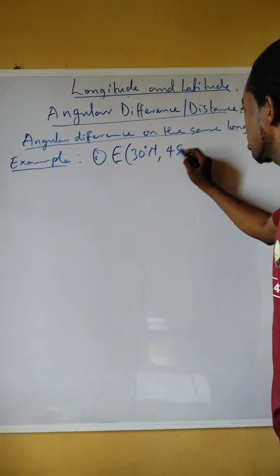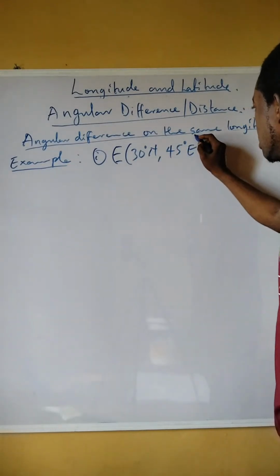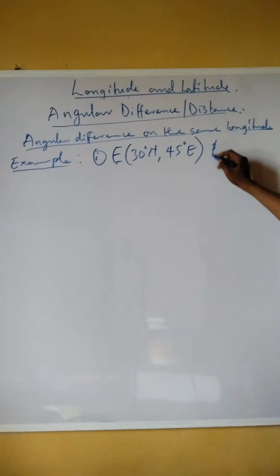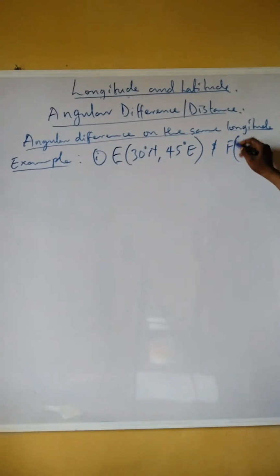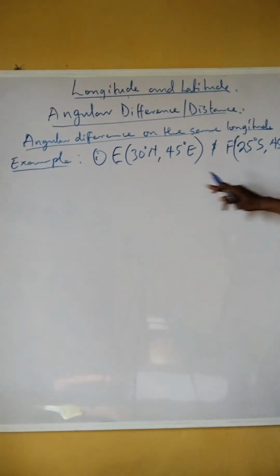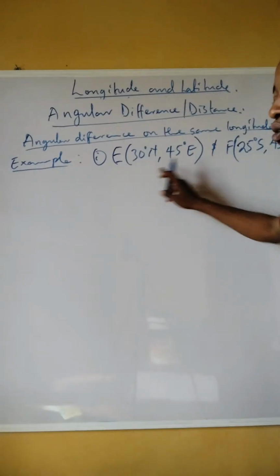And also point F, which is 25 degrees south and 45 degrees. So between these 2 points, we want to find the angular distance or angular difference.